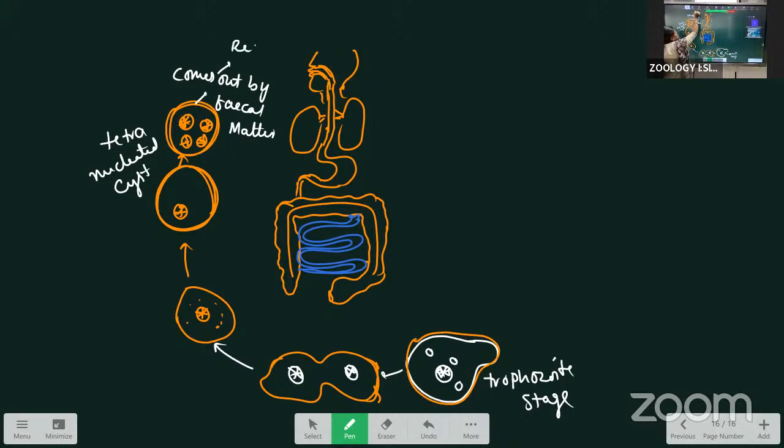Infective to the new host, by contaminated water and food.